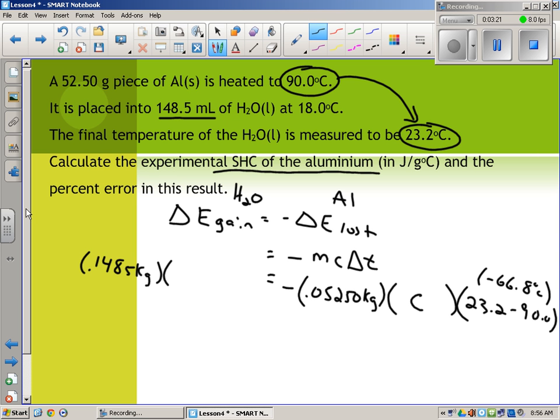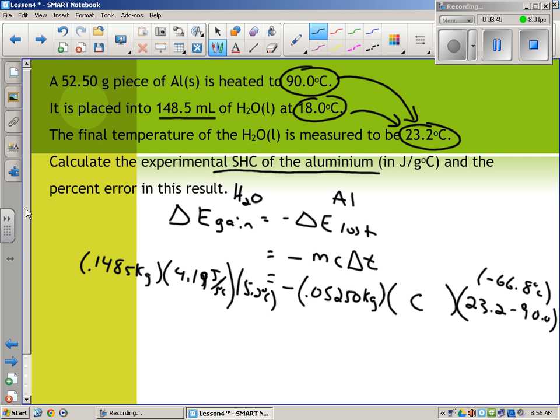We're going to multiply that by the specific heat capacity of water, which is 4.19 joules per gram degree Celsius. And remember, the water now starts at 18, and it ends up at the same temperature, 23.2. So that was a difference of what, 5.2, I think, yesterday? So 5.2. And that kind of ran out of room there. And we would solve for C, yes?